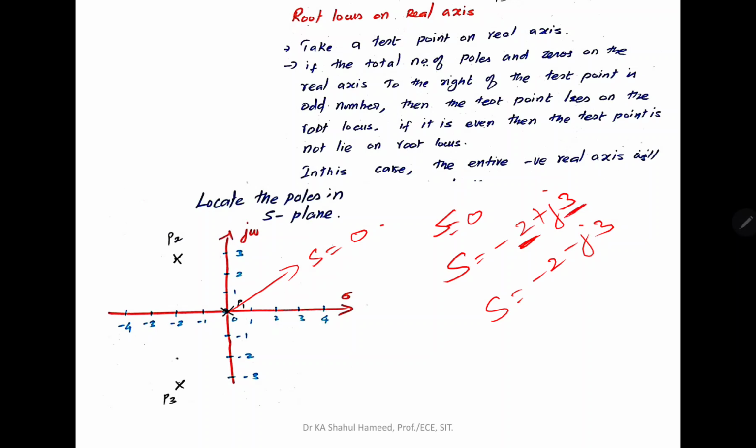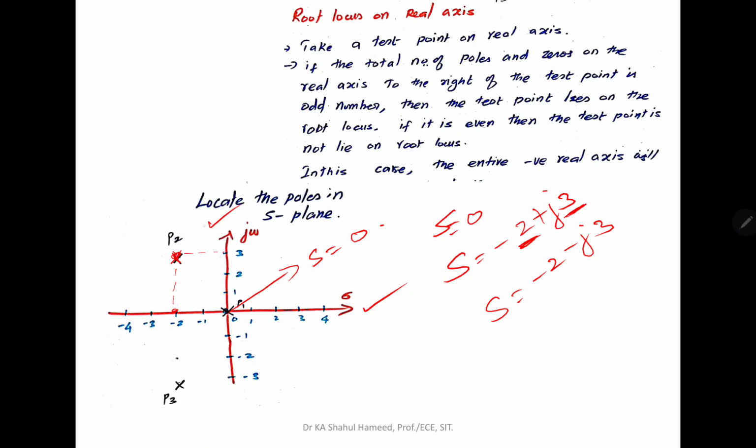So this is the x-axis, the real axis, and this is the imaginary axis. On the real axis we take minus 2, and on the imaginary axis positive j3, and there we identify the pole.